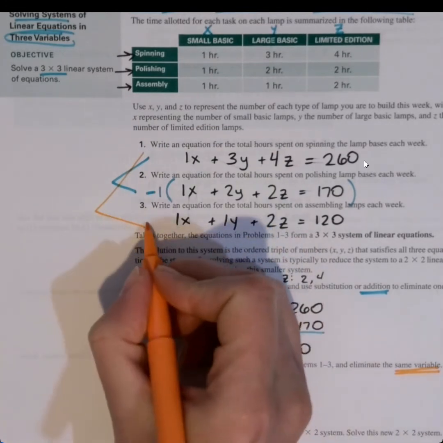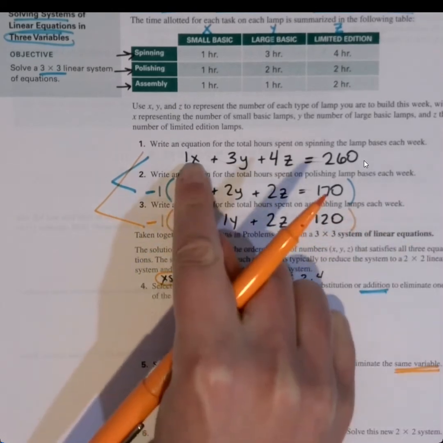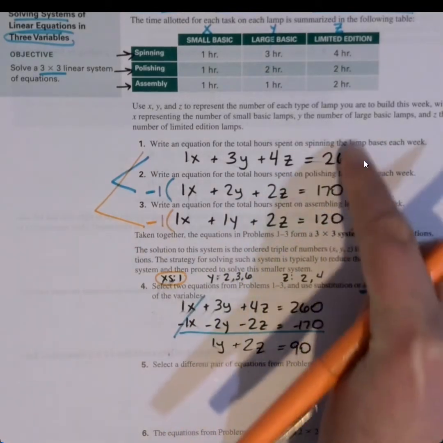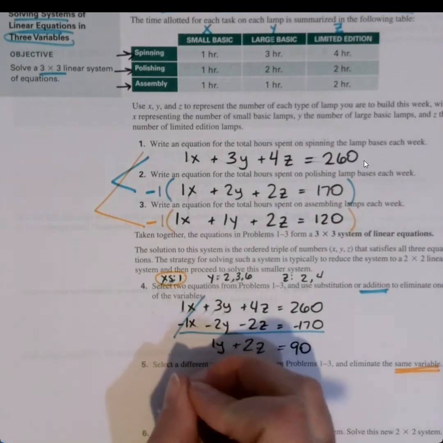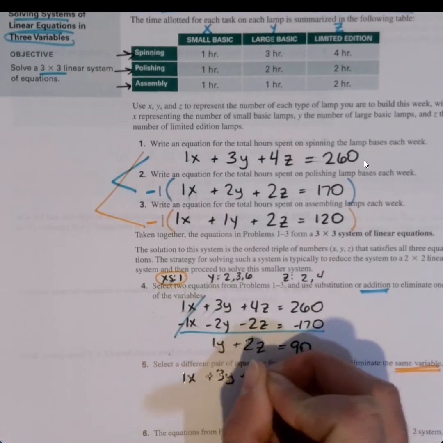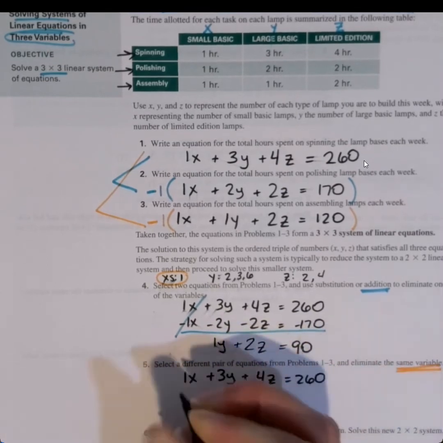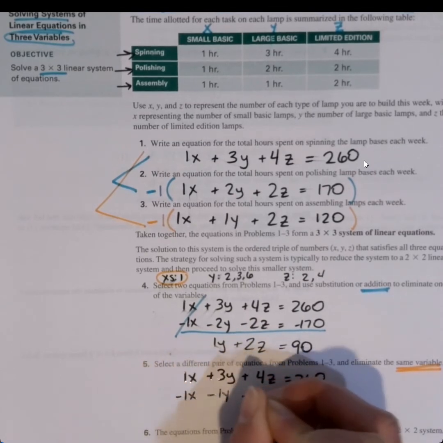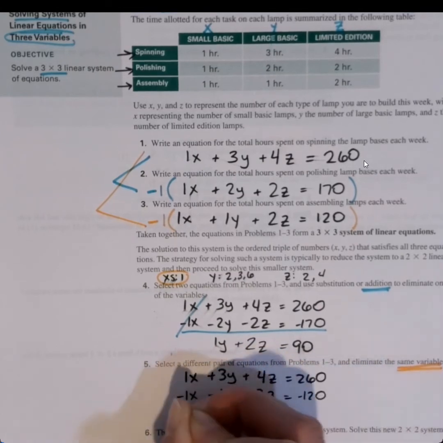I'm going to use a negative 1 on this equation. Again, I have a positive 1 and a negative 1, and again, this one had the smaller number, so I figure I'll get another positive if I make this one negative. So that's my strategy. Rewriting the 1x plus 3y plus 4z equals 260, and then the negative 1x minus 1y minus 2z equals negative 120.